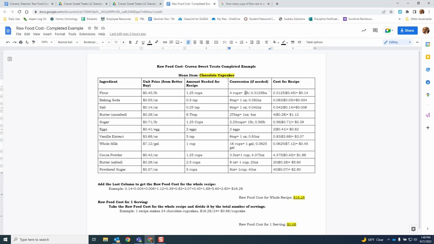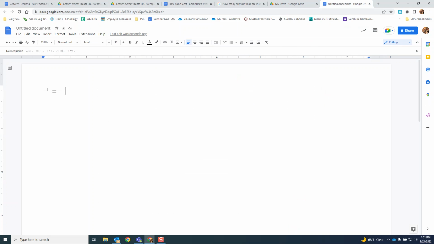And so I am now going to convert that. We can think about setting up equivalent ratios. I'm going to take these conversions and make them into ratios. So 4 cups to 1 pound. I'm going to set up my ratio: 4 cups over 1 pound.